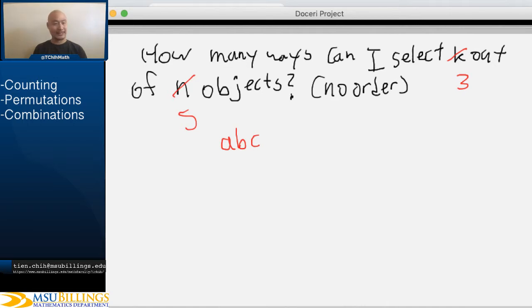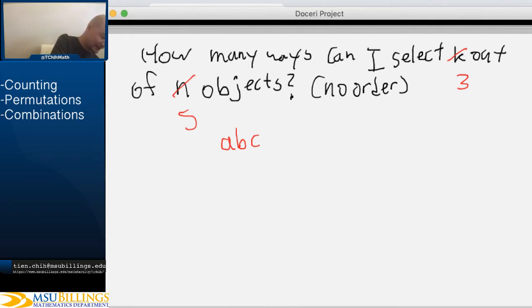And let's assume that A, B, C, D, and E are our 5 objects. What I'm going to do now is use the fact that I know how to count objects with arrangements to figure out a way to count selections without arrangement. So ABC, let's say, is a selection of objects with arrangement, A and then B and then C. So the question is, how many arrangements are there that use the same selection, A, B, and C?